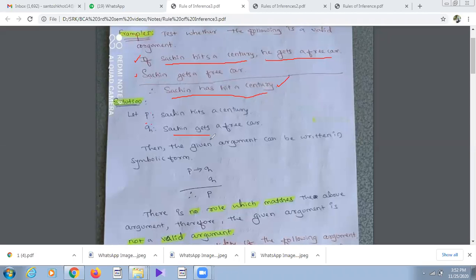Then we have to form the tabular form of the given argument. So this is the tabular form of this particular argument. Starting with the argument given in the form of sentences, now how do we form the symbolic form? Here the if is there, so in between the conditional symbol has to be used.